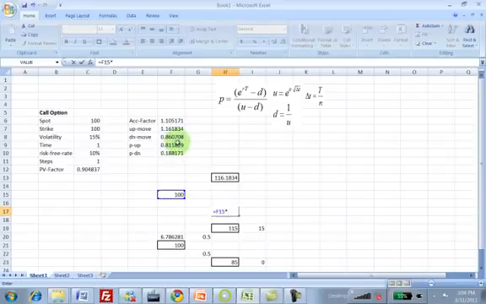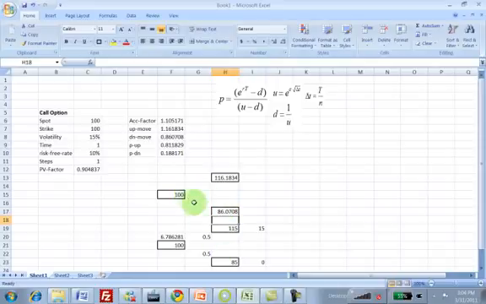So it's not going to be 115 and 85, it's actually going to be 116 and 86. The probabilities are here: 0.811 for an up move and 0.1881 for a down move.